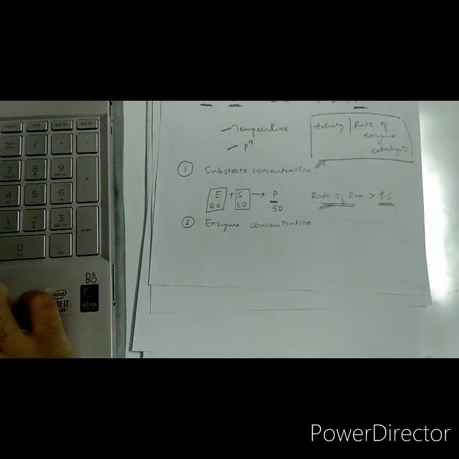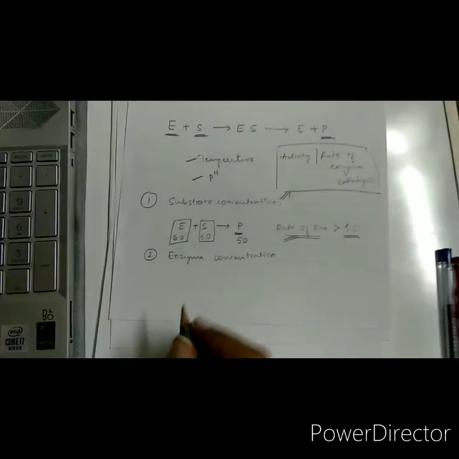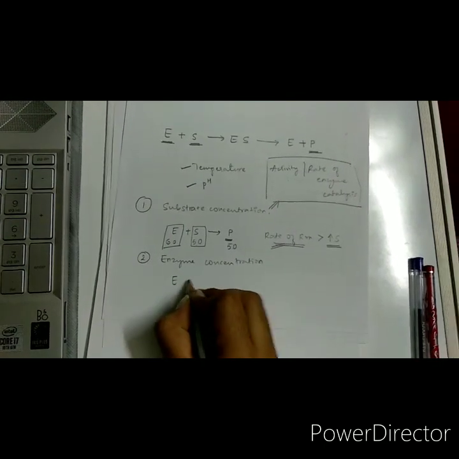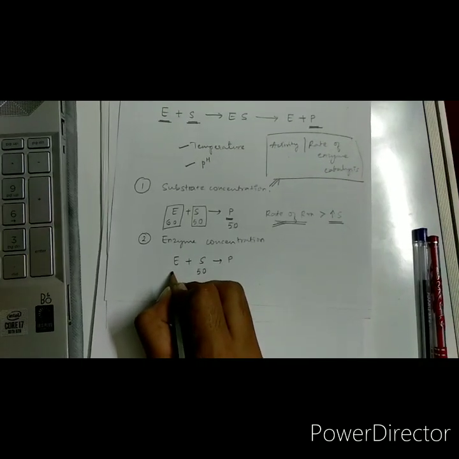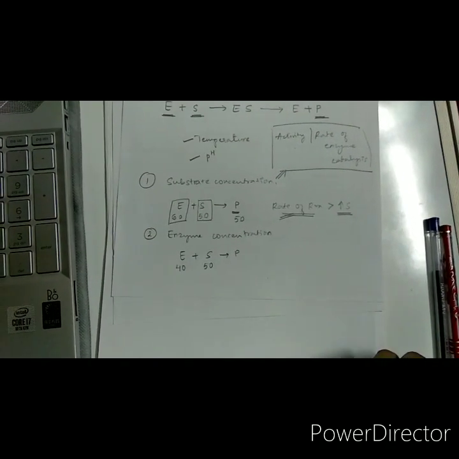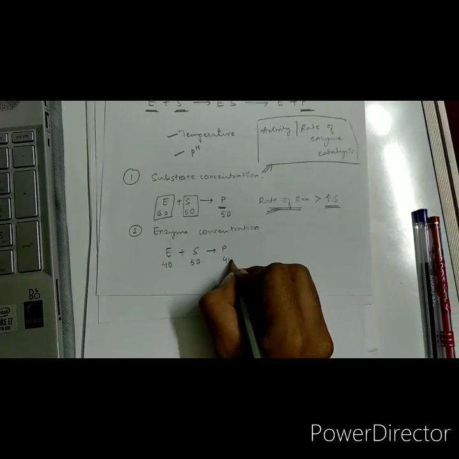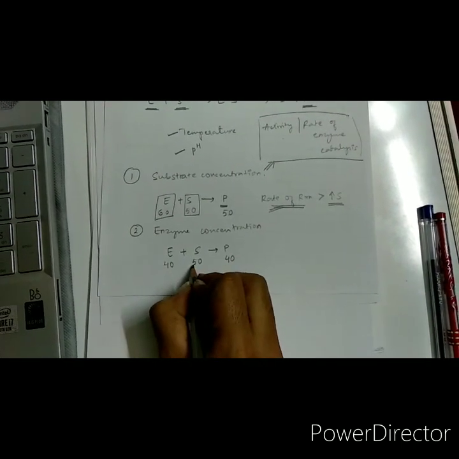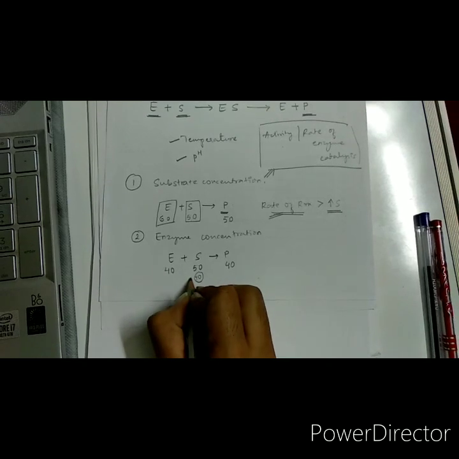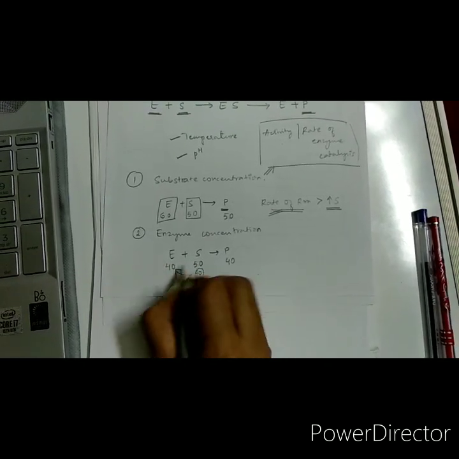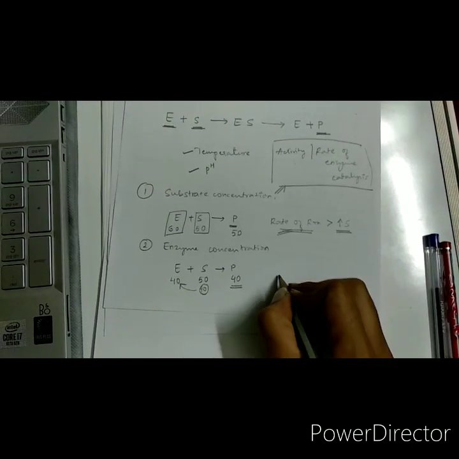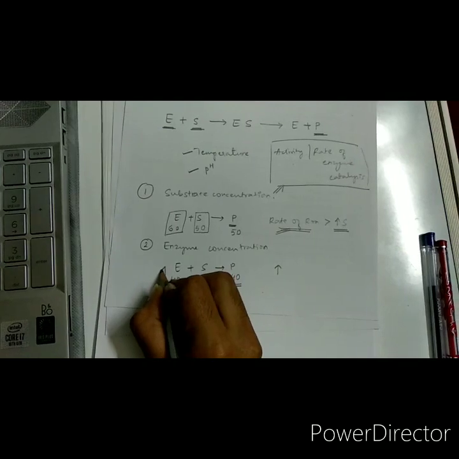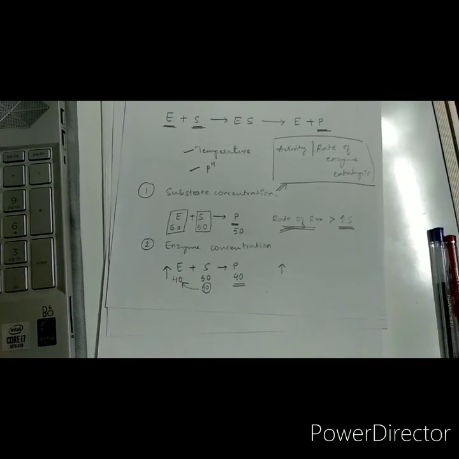Another example: if there are 50 molecules of substrate and only 40 molecules of enzyme, the product formed will be only 40. This is because only 40 molecules of the substrate will bind to the 40 molecules of enzyme. So the resultant product will be only 40 molecules. If we want to increase the rate of the reaction, we have to increase the concentration of enzyme as well.